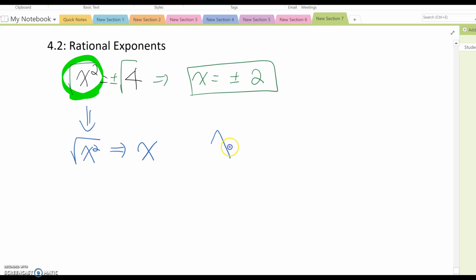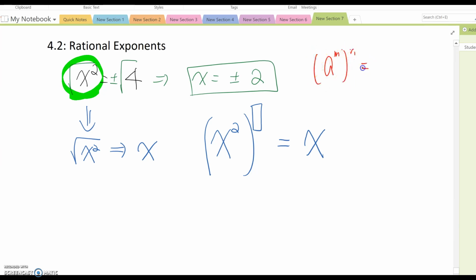We're going to make x squared to the something, and it's going to be x. You may reference this property: a to the m, to the n, equals a to the m times n. So we just want to make this a single power here.